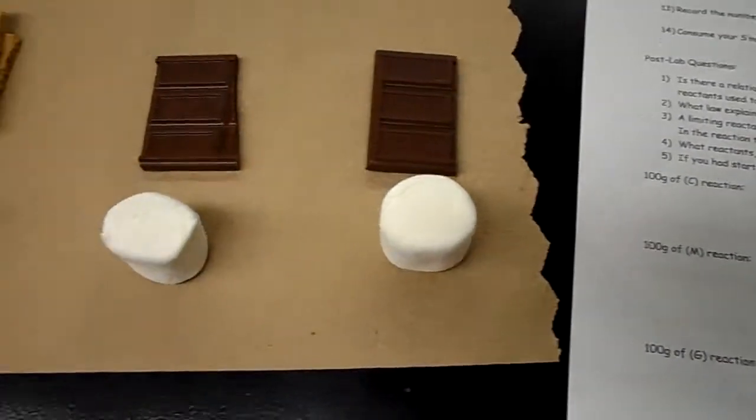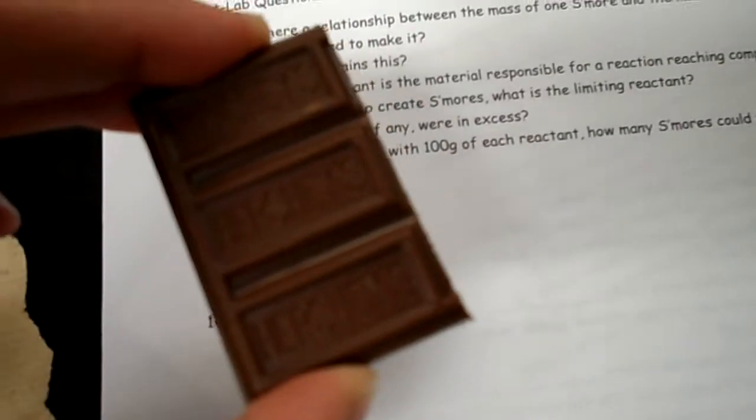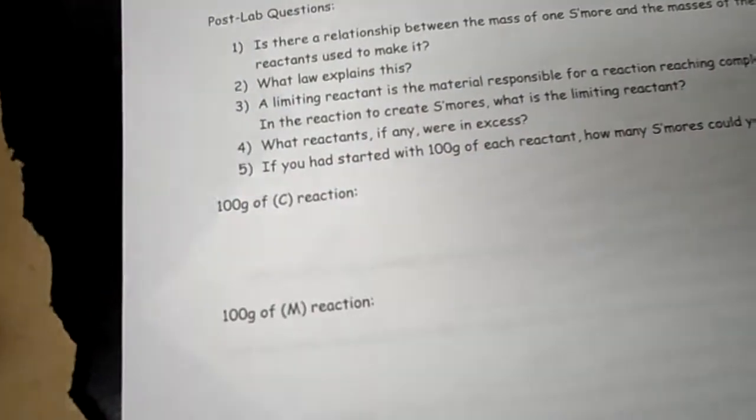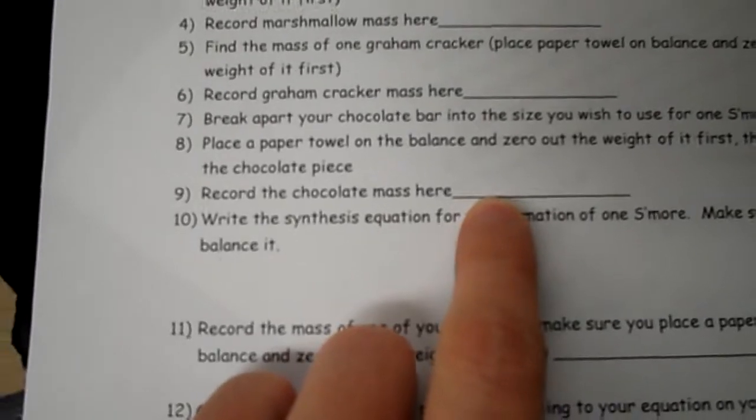Okay, now the last part. Right now you saw the masses of each of these individually. What I'm asking for the next part here, if I gave you 100 grams of chocolate, 100 grams of this, how many s'mores could you make? So what you do is take 100 and you divide it by the mass you found in number 9.